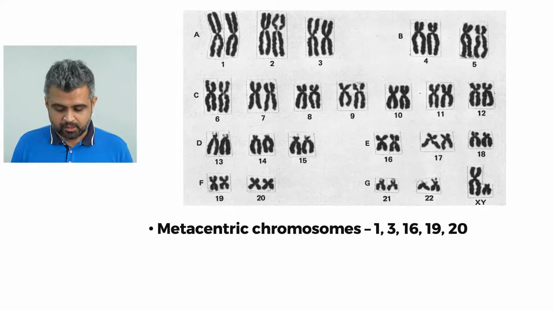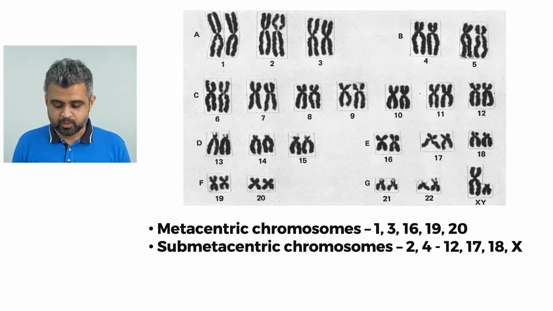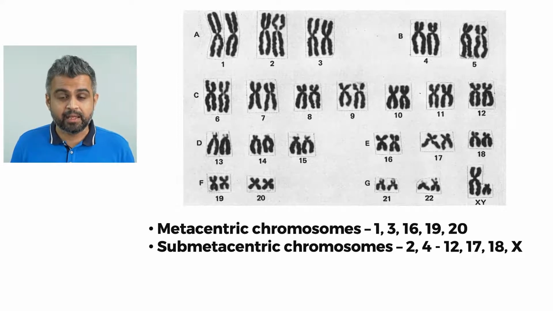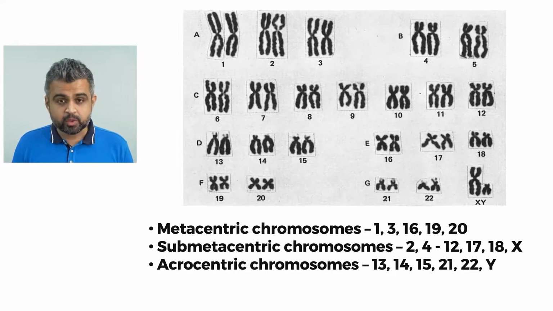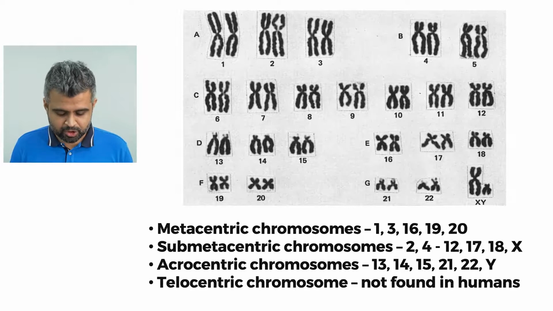If you're interested, the metacentric chromosomes in humans are 1, 3, 16, 19, 20. The submetacentric chromosomes are 2, all chromosomes from 4 to 12, 17, 18, and the X chromosome. The acrocentric chromosomes are 13, 14, 15, 21, 22, and the Y chromosome. As I mentioned, the telocentric chromosomes are absent in humans.